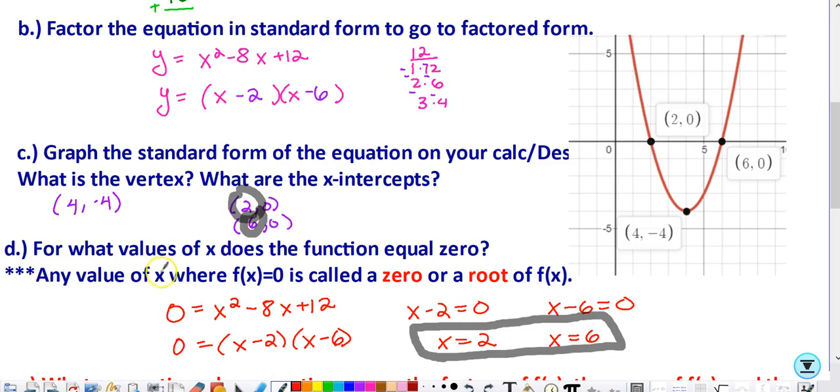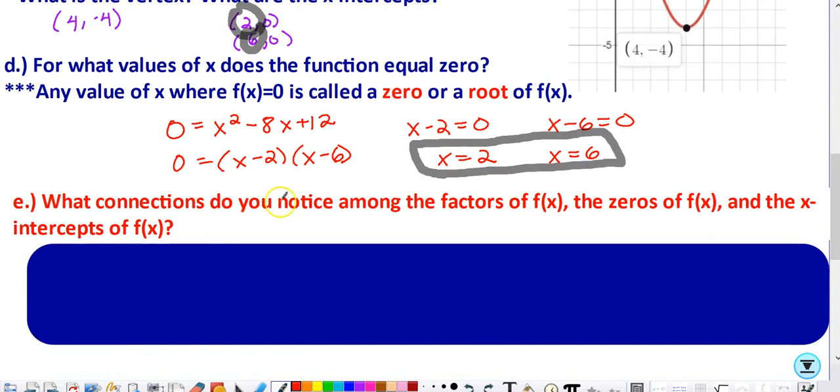Any value of x where the y value is 0 is called a 0 or a root. Those words are used interchangeably. Zeros and roots mean the function equal to 0, these x-intercepts.